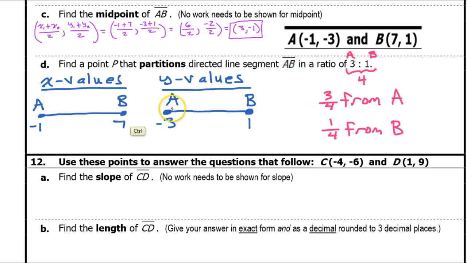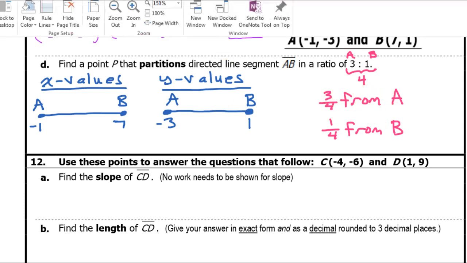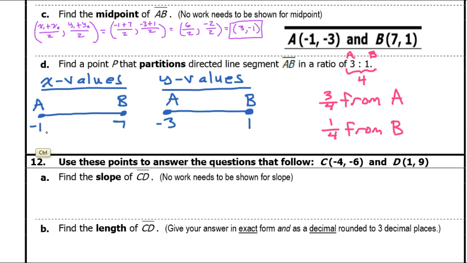Okay, so my partition will be 3/4 of the way from A. So I can calculate from A or from B because I have both fractions. I like to move from left to right. It's just more comfortable for me. So I'm going to use the 3/4 from A. But in order to do it, I need to know how far is it from A to B the whole way?